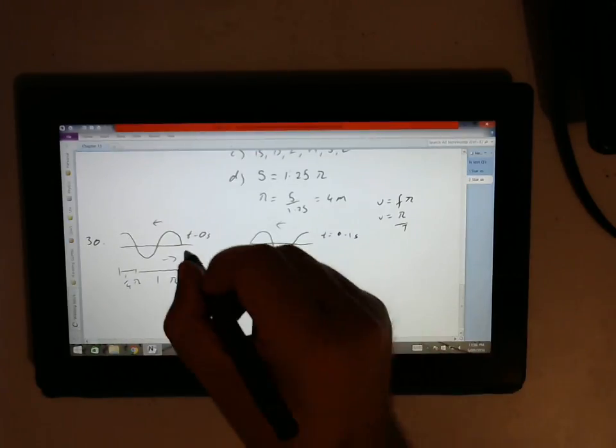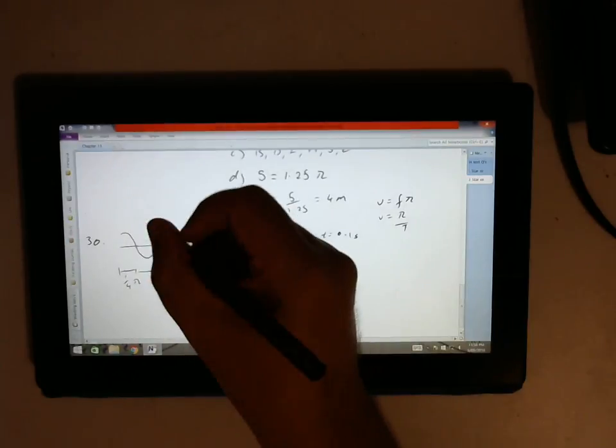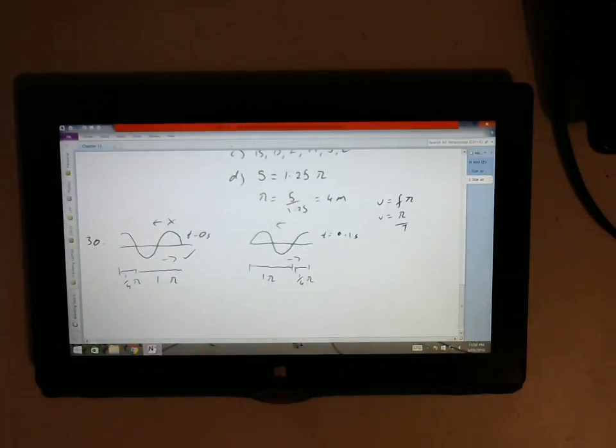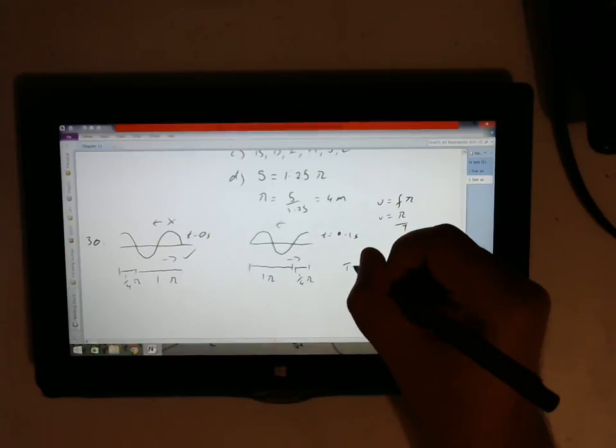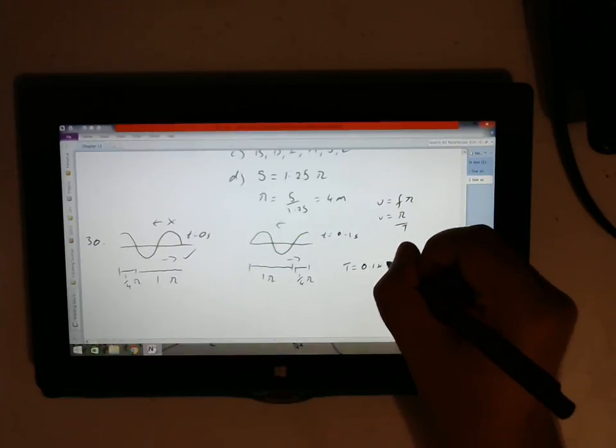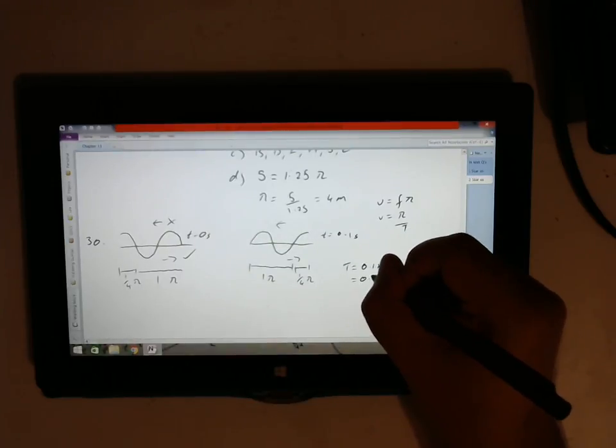So that means it has to go that way. So this is going to be wrong. This would be right. So if it's moving a quarter of a wavelength in 0.1 seconds, how many quarters fit into a whole wavelength? It's going to be 4, so we have to multiply our time by 4. So t equals 0.1 times 4 equals 0.4 seconds.